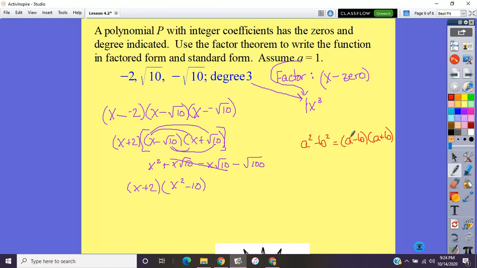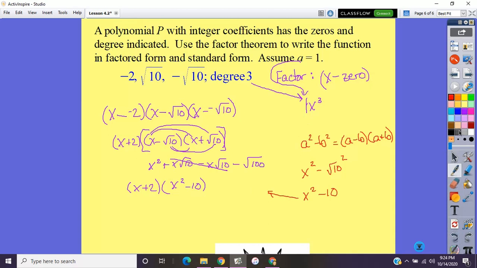Really what that means when I multiply it out is I'm going to have my a squared minus my b squared. So I have x squared, and the square root of 10 squared is just 10. Notice that's the same thing as what is over here, right? You can use either way. Like I said, you can FOIL it out if that's what you're most comfortable with, or you can use this rule. That's entirely up to you.